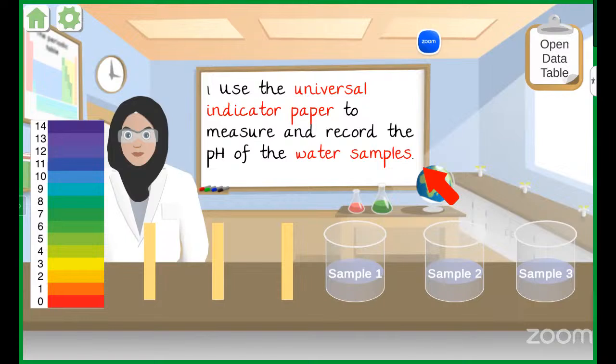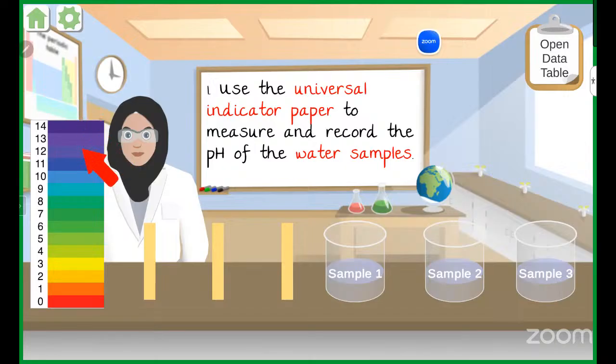Use the universal indicator paper to measure and record the pH of the water sample. Okay, so we're going to use the universal indicator paper to measure and record the pH of the water sample.